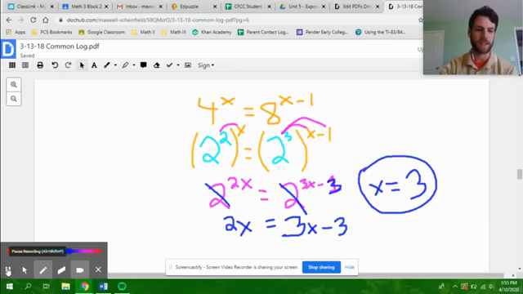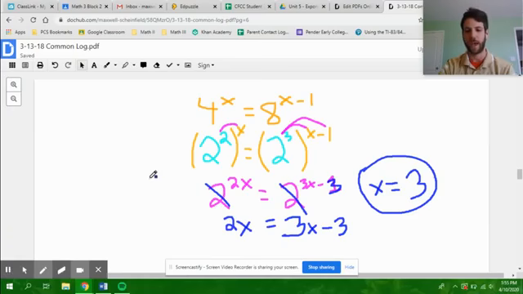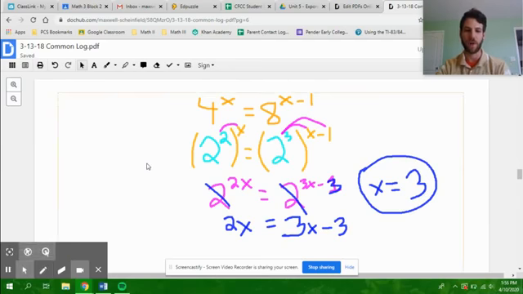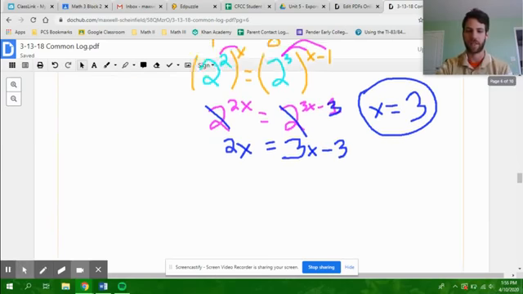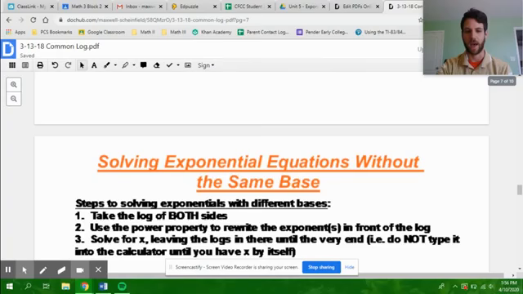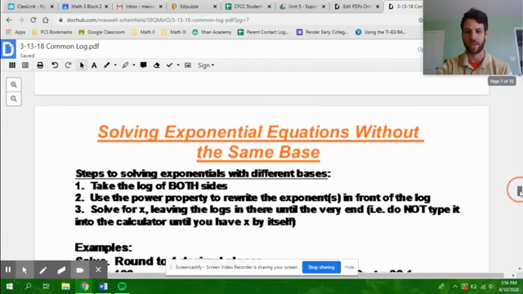In our next examples, we will be looking at problems that are exponential equations without common bases. So we can scroll down and look at our steps first. We're going to look at equations where we use a common logarithm.